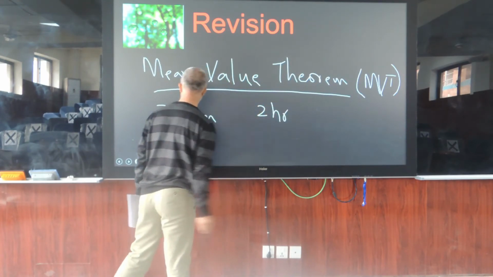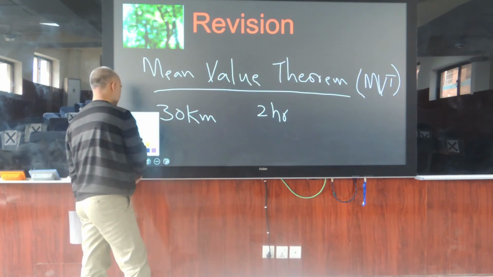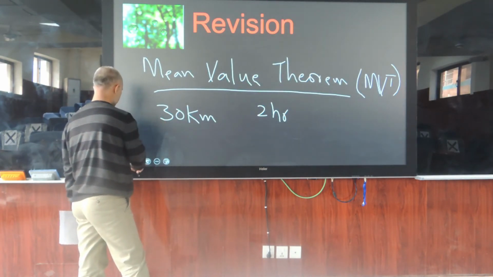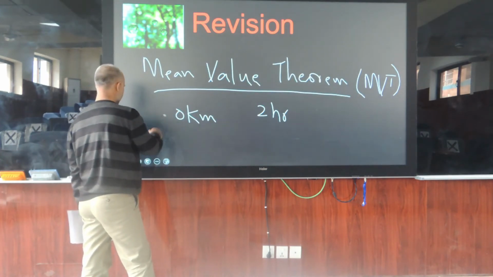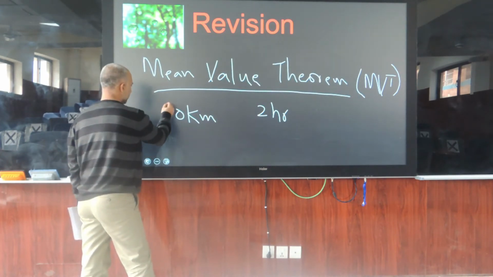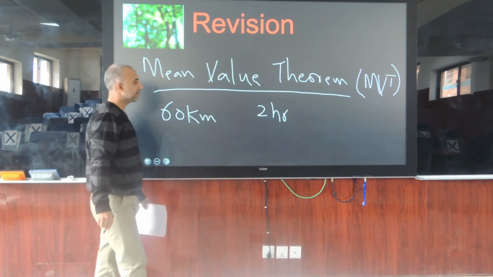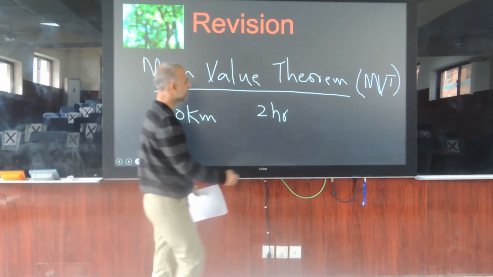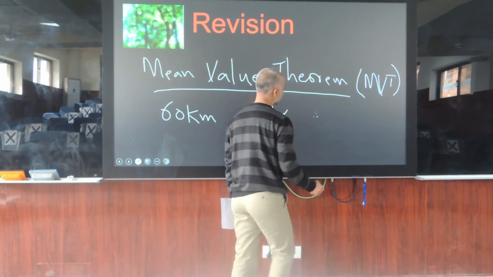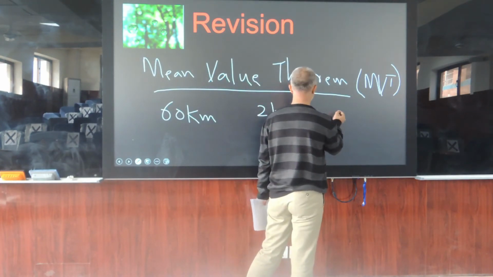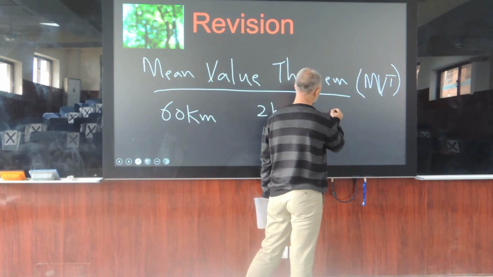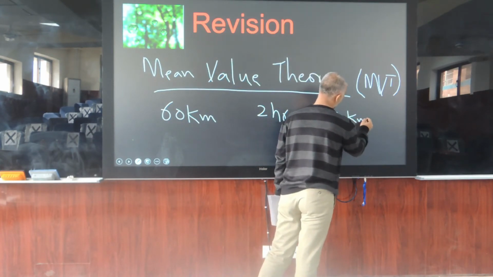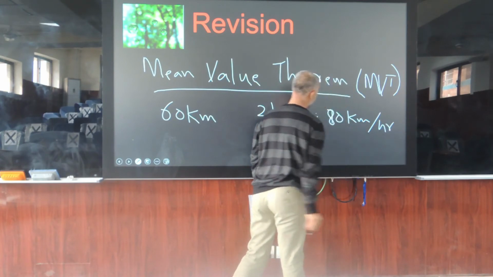This is an assumed distance; in reality it's almost near 60 kilometers in 2 hours. The speed limit on a motorway is almost, suppose, 80 kilometers per hour.